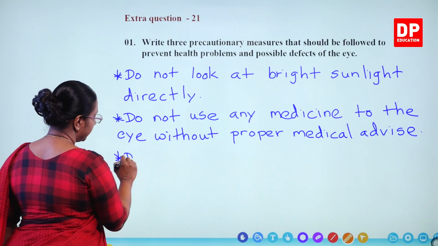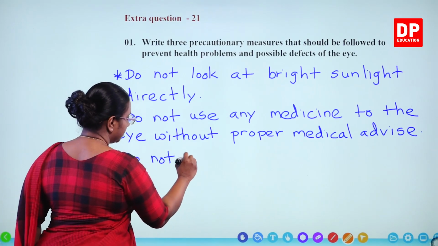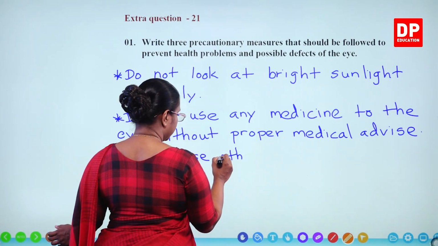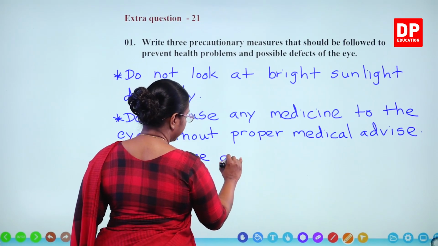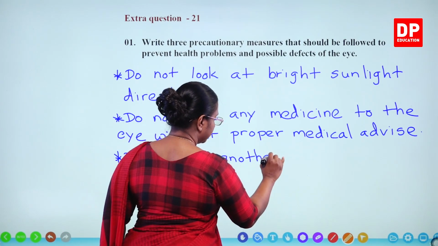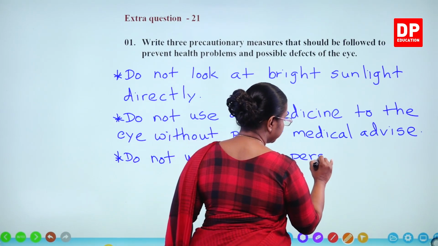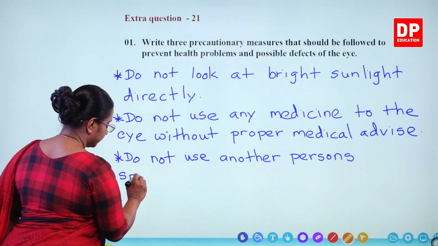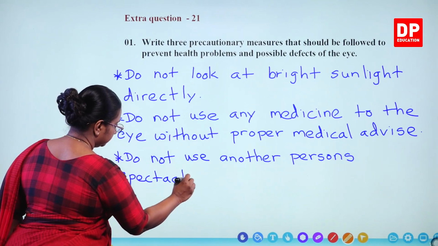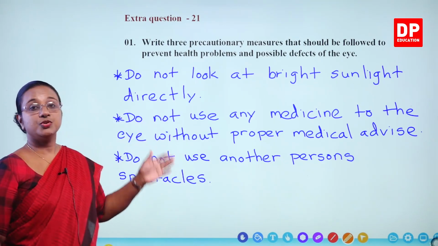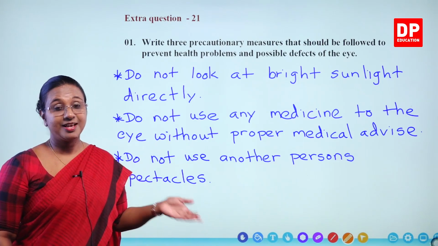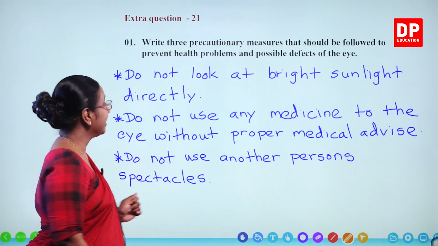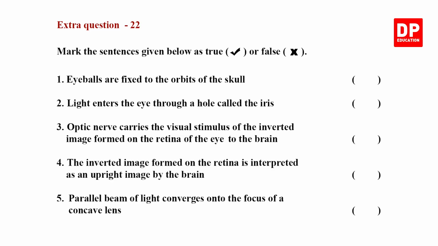Then we can say do not use another person's spectacles. So these are 3 preventive measures. I am sure you can write many more preventive measures as well. With that, I will move on to the next one.